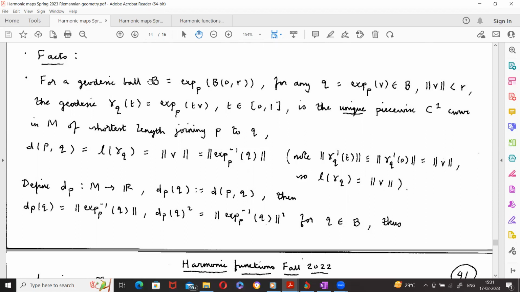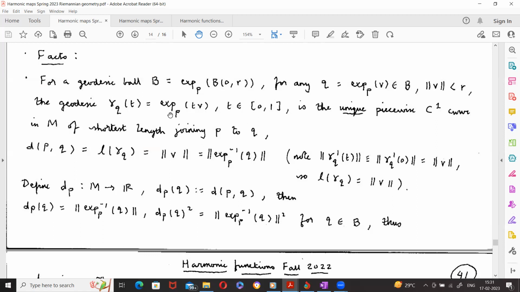If I take a geodesic ball, the image of a ball B_0(R) in the tangent space, and I take any point Q in this geodesic ball, so Q is of the form exp_P of V, where the norm of V is less than R, then the geodesic from P to Q is gamma_Q(t) equals exp_P of tV, where t goes from 0 to 1, right?